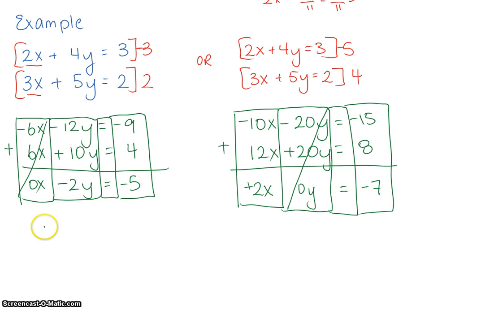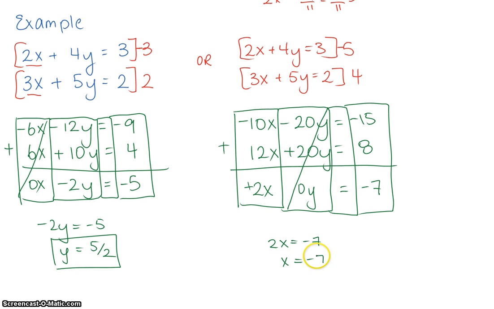Here you can see we get negative 2y is equal to negative 5, so y is going to equal 5 over 2. Here you can see we get 2x is equal to negative 7, and again that means x is equal to negative 7 over 2. Now because I did this both ways, these two solutions here are actually my coordinate pair.